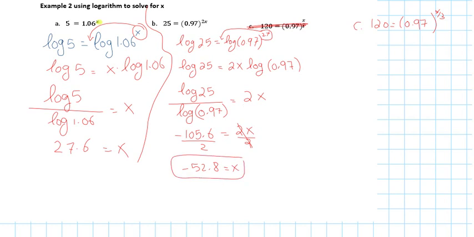So now let's check that. You can put that in here and see if you get close to 25. How do you do exponent 2?